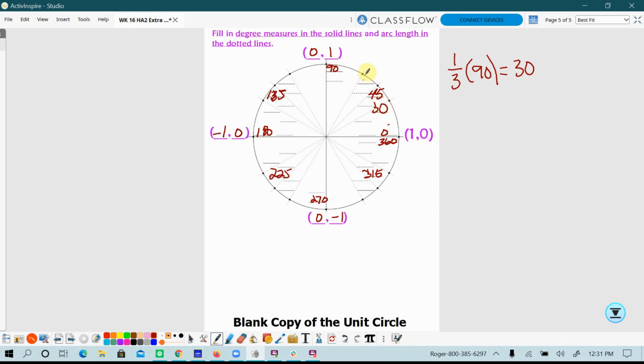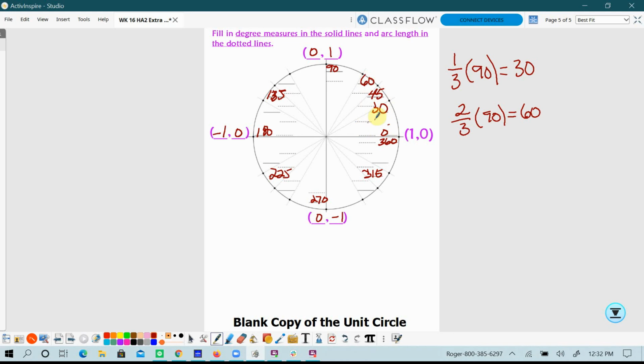Going a little higher, this angle measure is a bit bigger, and it looks like 2/3 of a chunk of 90 degrees. If that's 2/3 of it, that means it's 60. So like that, now you know the angles in quadrant 1.